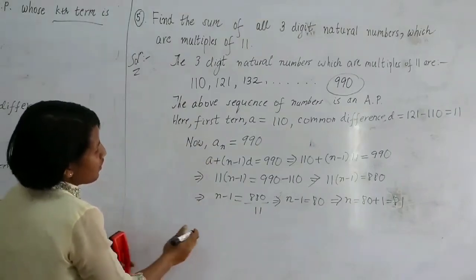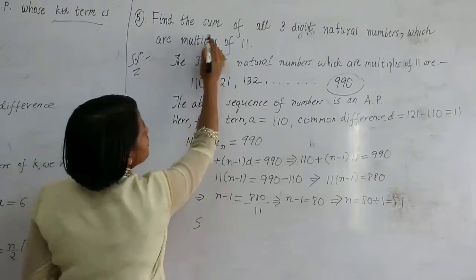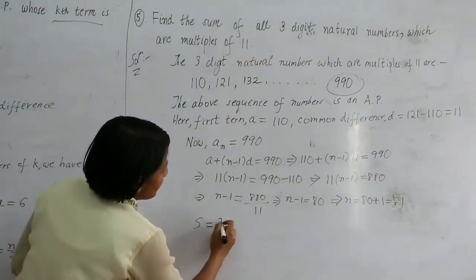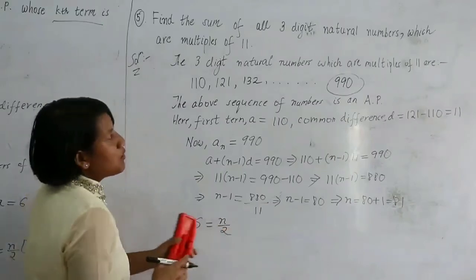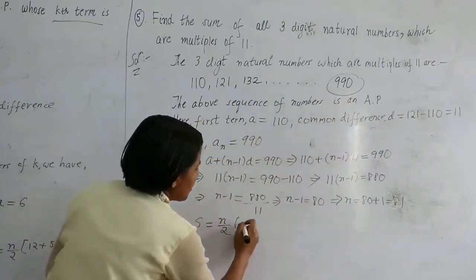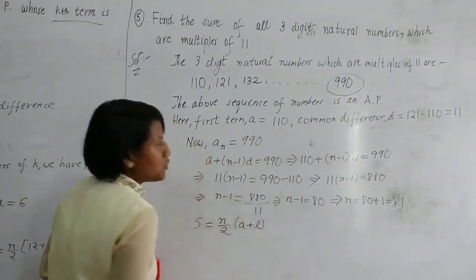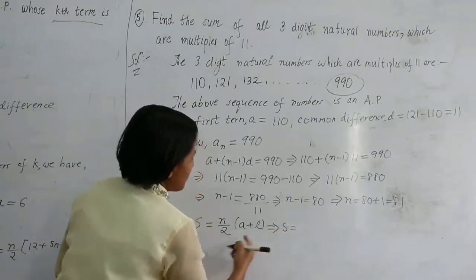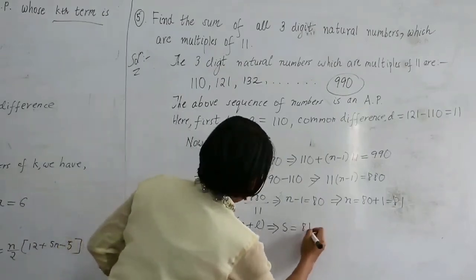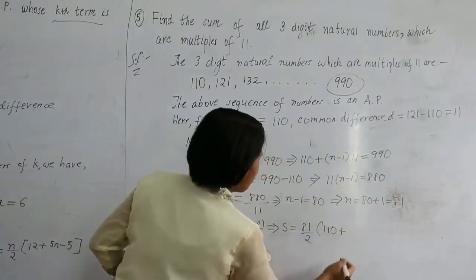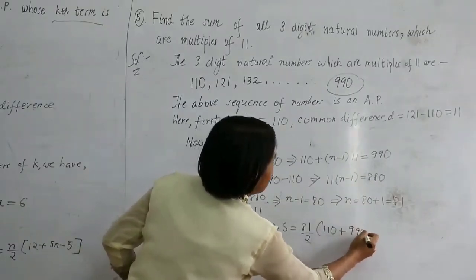Then you can find out the sum now, because in the question we have been asked to find the sum. So S, we will use the other formula because now we have the last term. So it will be quite simple to solve as well. So this implies S will be 81 by 2. First term is 110 plus 990.